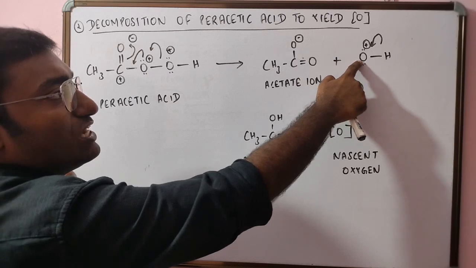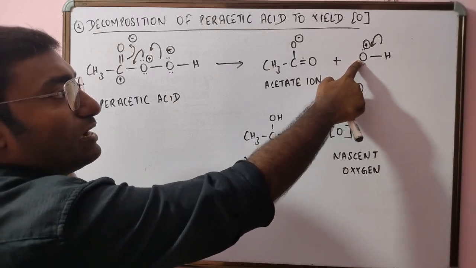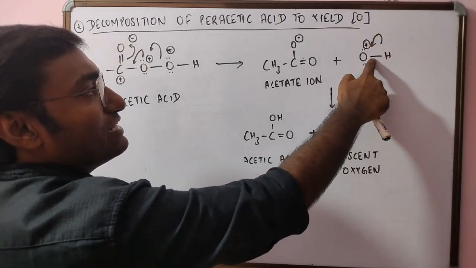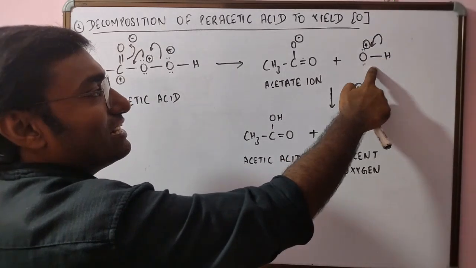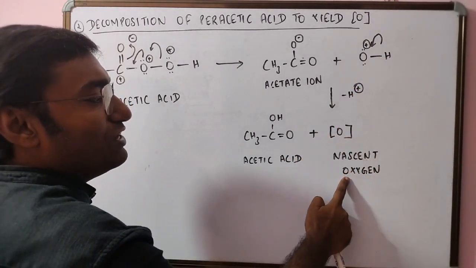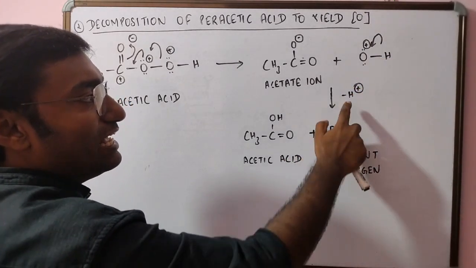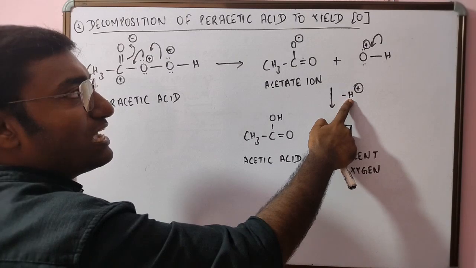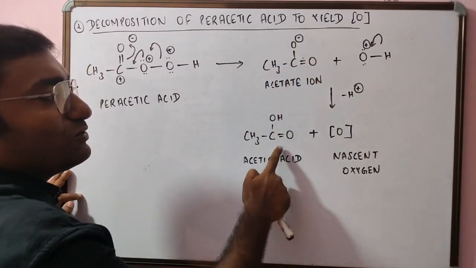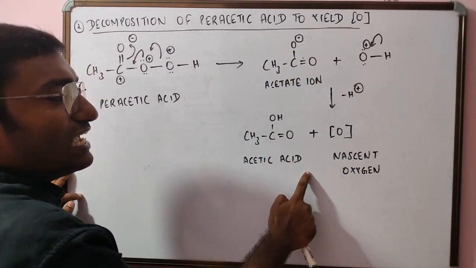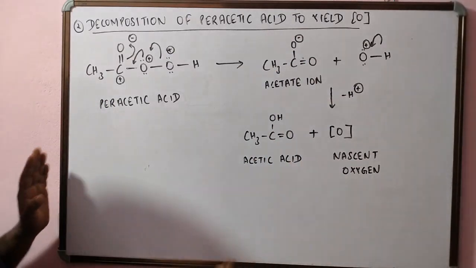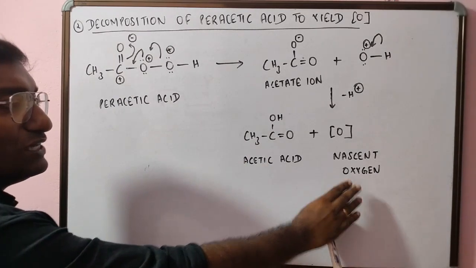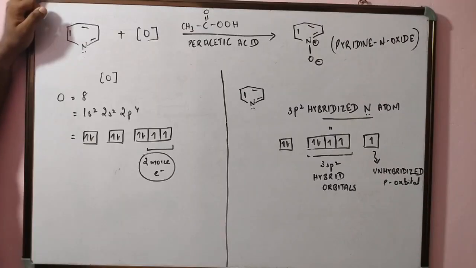Now, this positively charged oxygen, to become neutral, snatches away the electron pair that it shares with the hydrogen, resulting in the formation of nascent oxygen and elimination of an H plus ion. The eliminated H plus ion combines with the carbonyl oxygen to produce acetic acid, and thus peracetic acid decomposes itself to produce nascent oxygen.